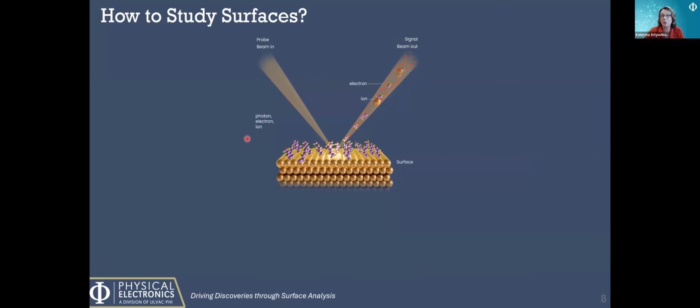If you think about what particles can be used to create the disturbance and be ejected, photons, electrons, and ions are most commonly used. All particles have different penetration depths, or the distance they travel within the medium before they lose energy completely.